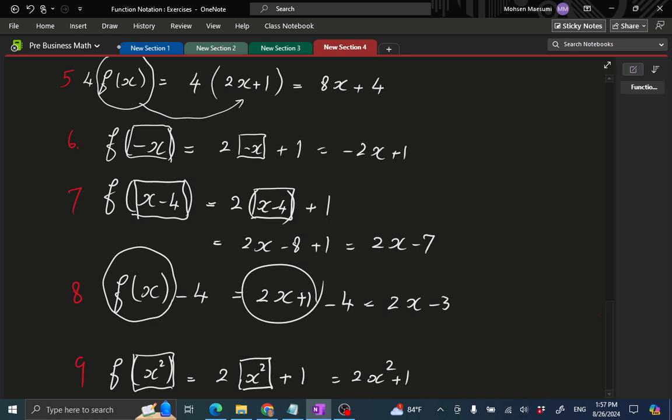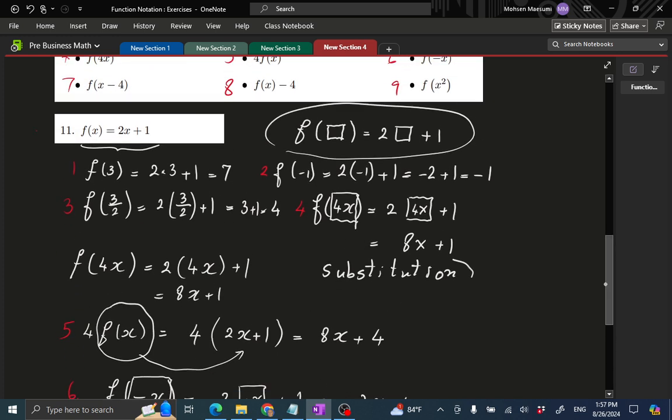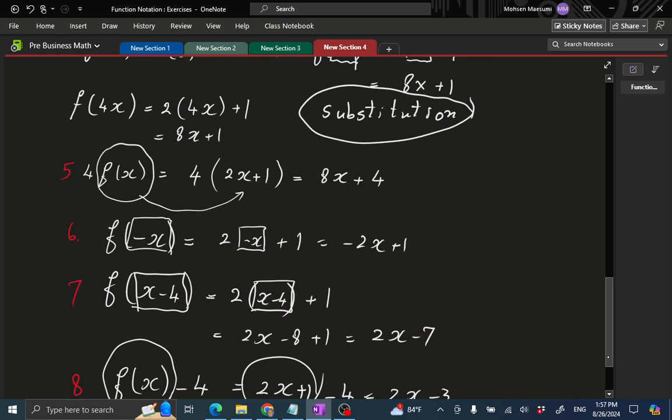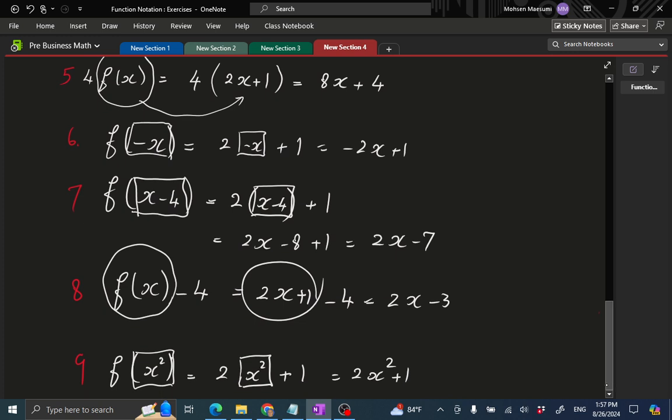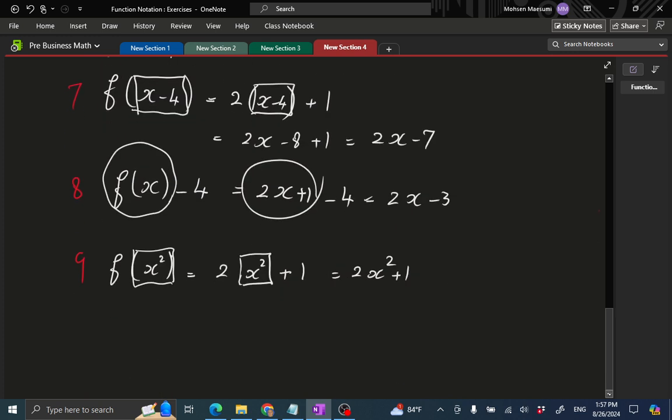So that was what we learned. Basically here is the concept of substitution, when the input of a function is replaced by some extended item. Instead of x, we had x minus 4, minus x, x squared, and so on. How does that change the output?